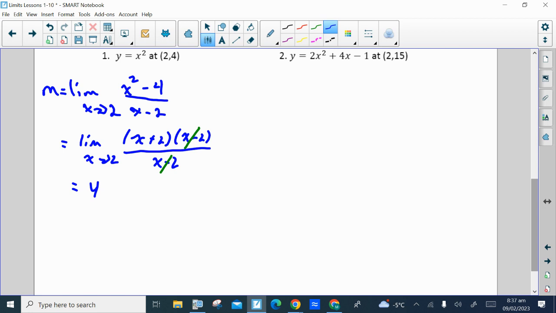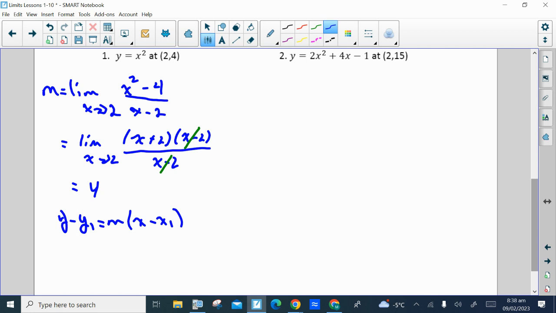And now we can find the equation of the tangent line, and we can either use y equals mx plus b, or we can use point slope. It doesn't matter. So all equations, well, most equations have an x and a y in them.